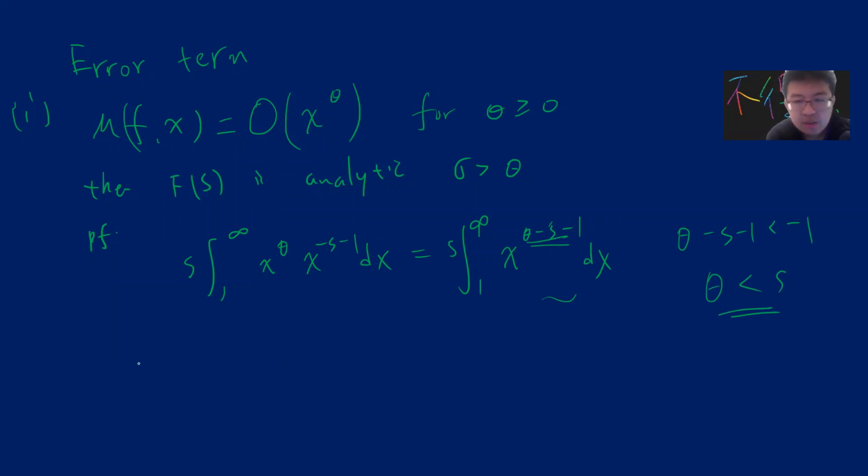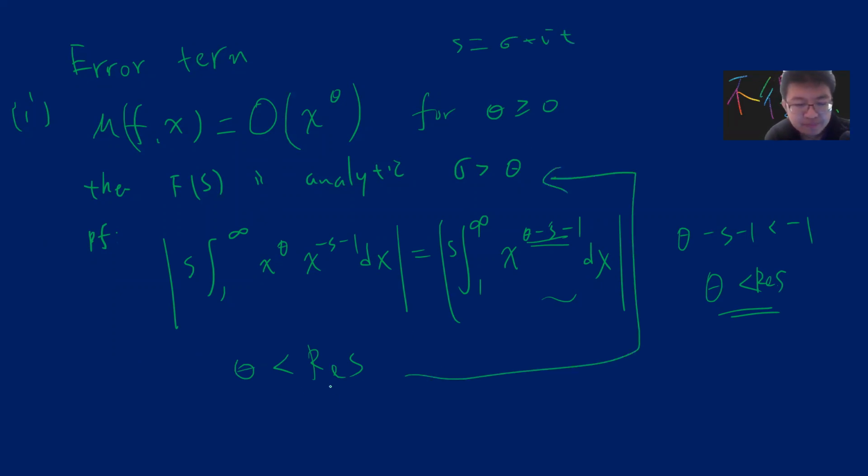If you take the absolute value, then you get the real part of s. So the real condition is real part of s greater than theta. Let me write s equals sigma plus it, which proves this. So this is the first theorem: if you know the bound on a summatory function, then you can infer properties of the Dirichlet series.